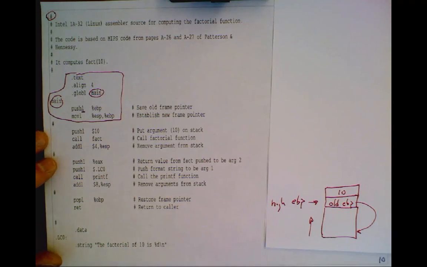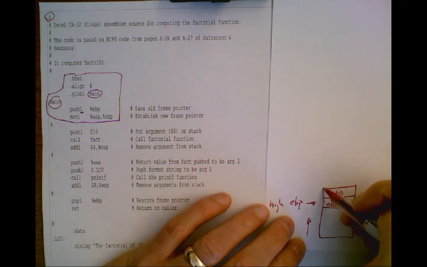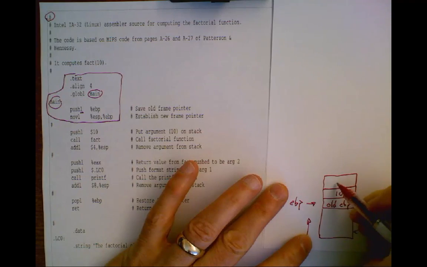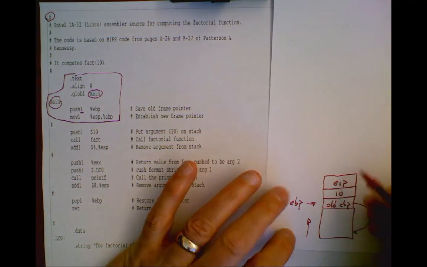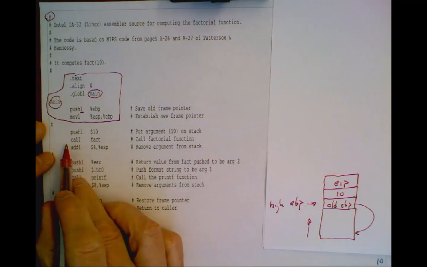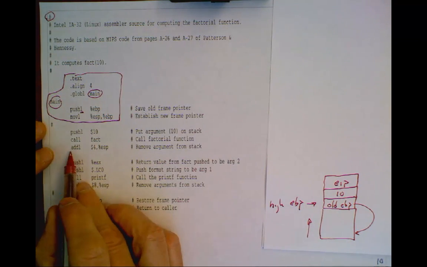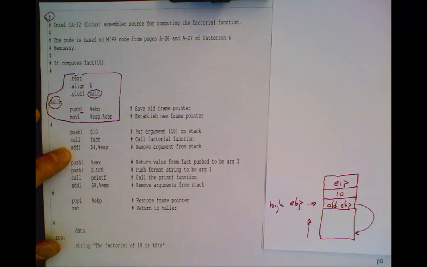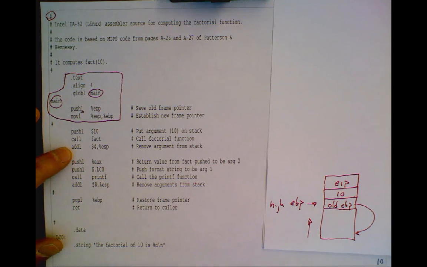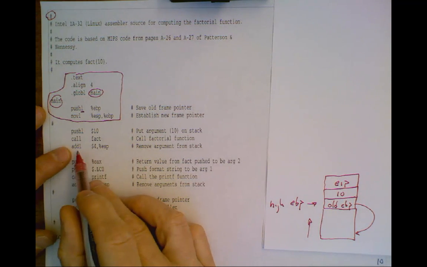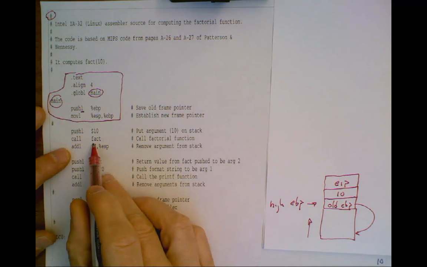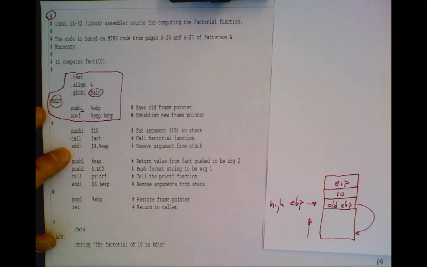Well, the call instruction saves the EIP, which would have been updated by the fetch execute cycle to actually point to the next instruction after the call instruction. And that's the return address. Okay. So we're remembering where we want to return to back in main as we go off and call factorial.